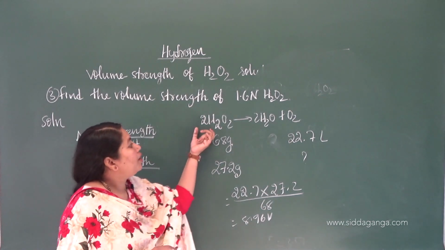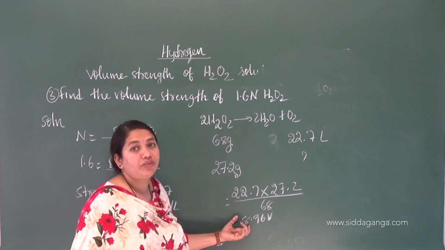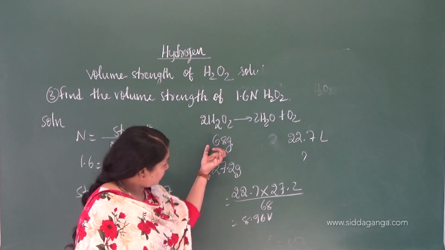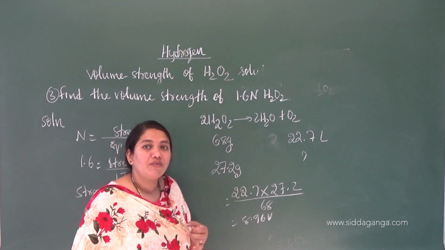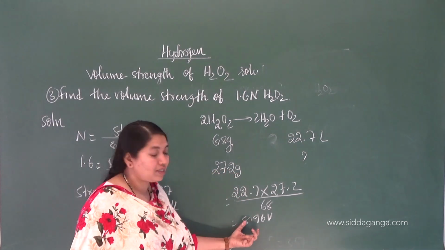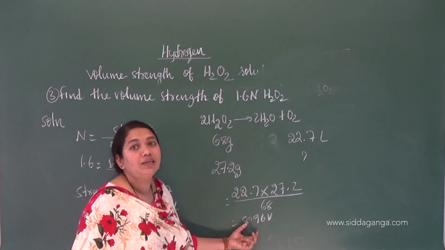Then by using the expression you calculate the volume of oxygen: 68 grams liberates 22.7 liters, which means 27.2 grams liberates 8.96 volume of oxygen at STP.